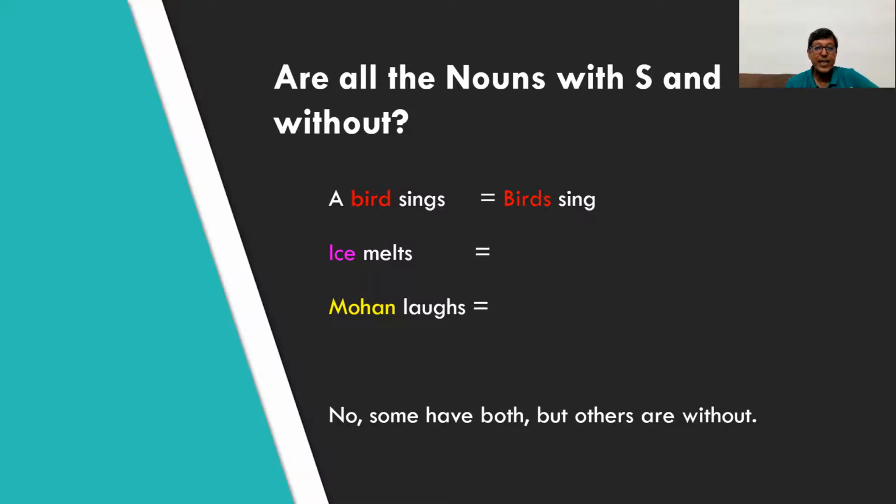And the same is the case with Mohan. It can't change. You can't say Mohan's laugh. So the answer to the question is no. All the nouns do not have 2 forms. There are some nouns which have only one form. They don't change.